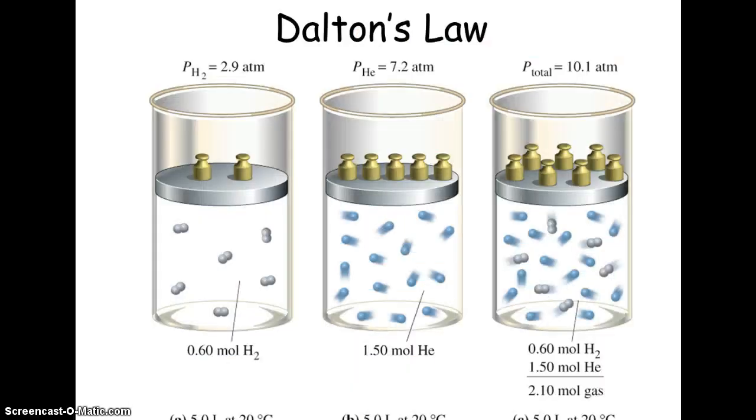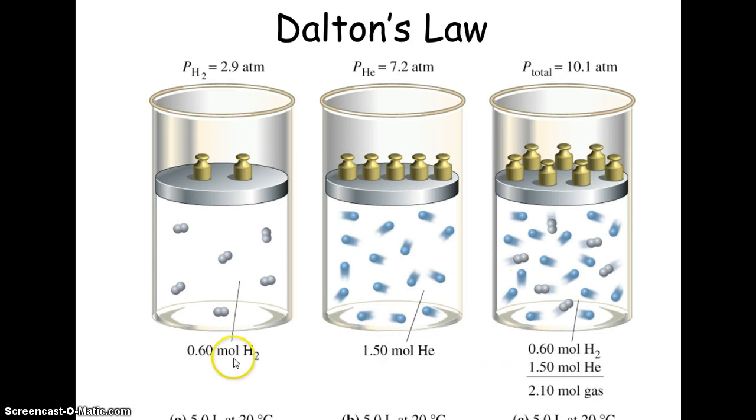So what this diagram shows is how to find the total pressure of a mixture containing hydrogen and helium. We know that the pressure of hydrogen is going to be 2.9 atmospheres, and the pressure of helium is going to be 7.2 atmospheres. That means the total pressure is going to be 2.9 plus 7.2, which gives us 10.1 atmospheres.